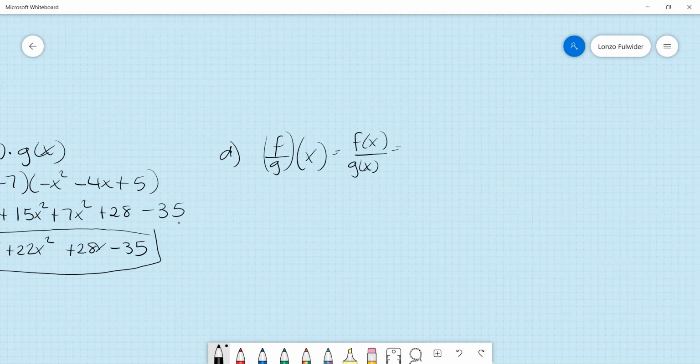F of x is 3x squared minus 7, and then g of x is -x squared minus 4x plus 5. You can actually just leave it like this, because it can't be simplified anymore.